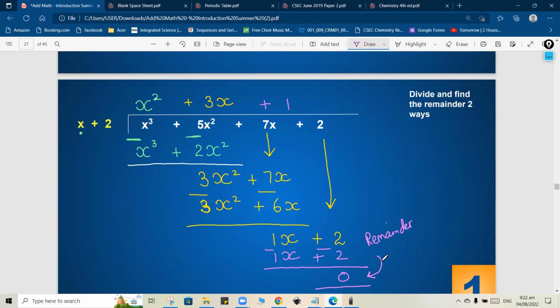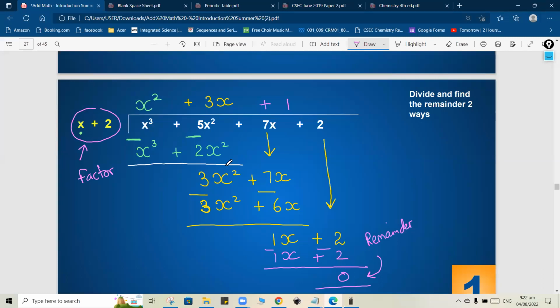Every time you get the remainder equal to 0, it means that whatever you were dividing by is a factor. And remember in maths, what is a factor? A factor is something that can go into something without leaving a remainder.